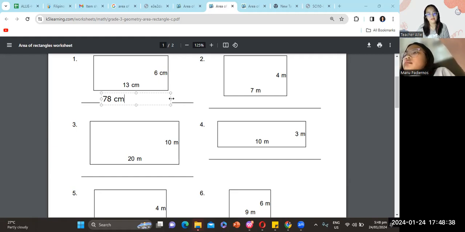Okay? 78 centimeter squared. I can't write it down here, but let's just put it this way. Next, how about number 2? What's the answer?